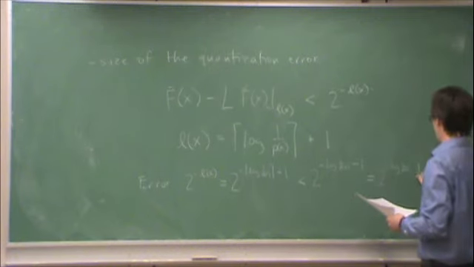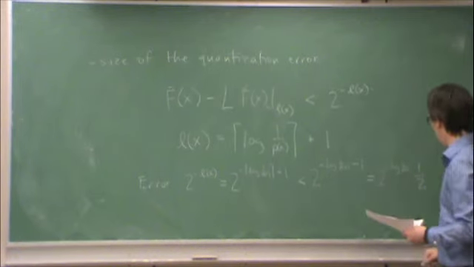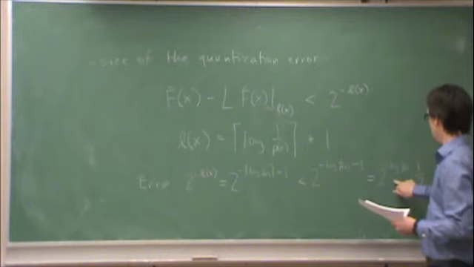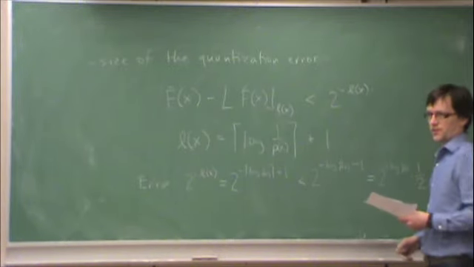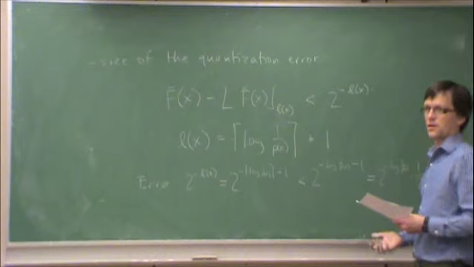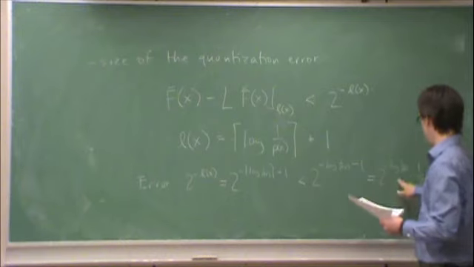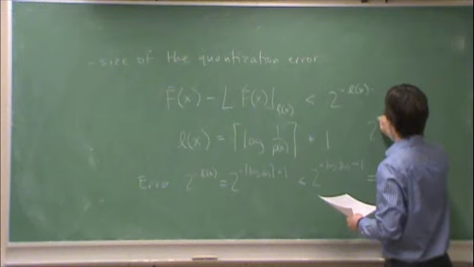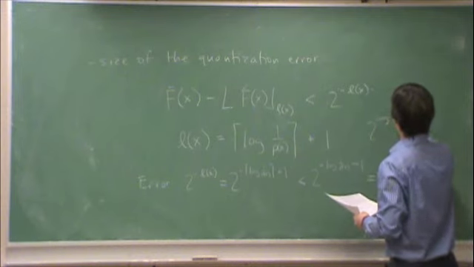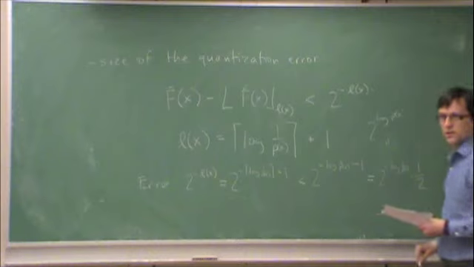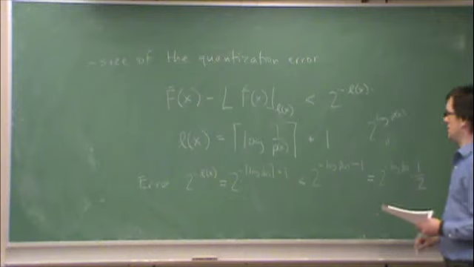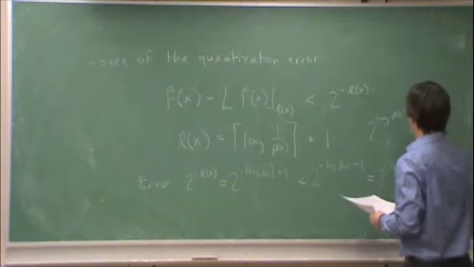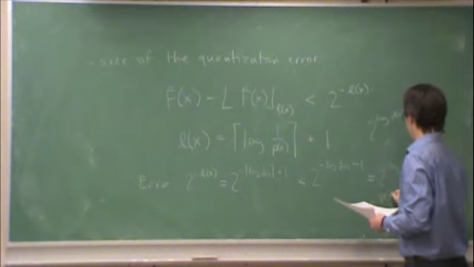So that makes that times 1/2. Okay. 2 to the minus log 1 over p of x. This is log base 2, so 2 to the minus log p of x is 2 to the log p of x, which is p of x. So this is equal to p of x over 2.